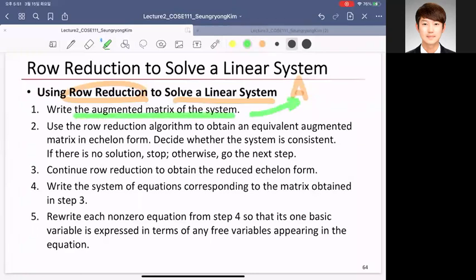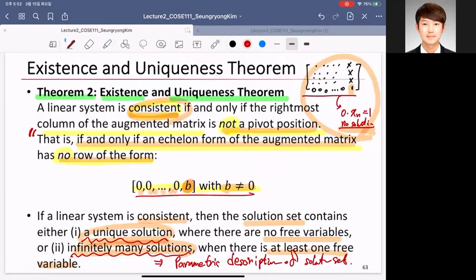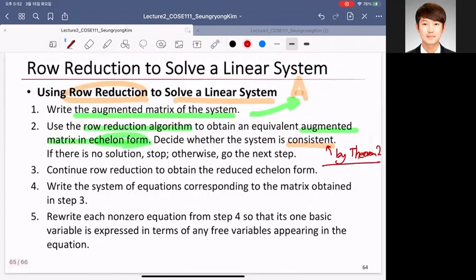Write it like this, and then use the row reduction algorithm to obtain an equivalent augmented matrix in echelon form, and decide whether the system is consistent or not. How? By Theorem 2, right? From here, by Theorem 2, we can tell whether a solution exists or not.